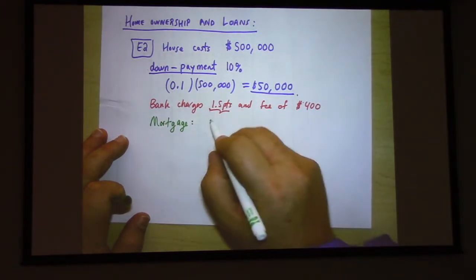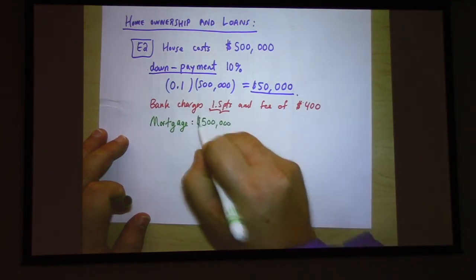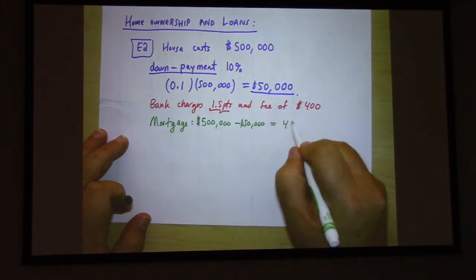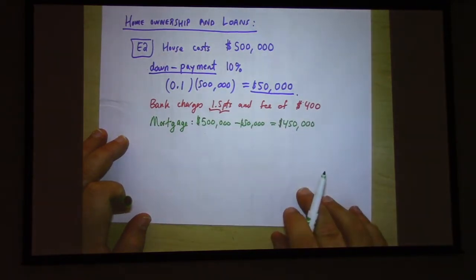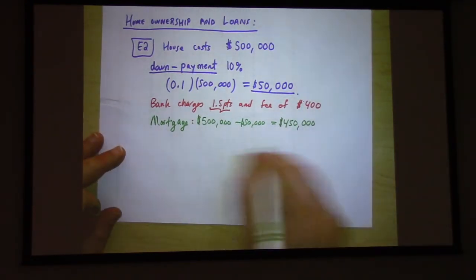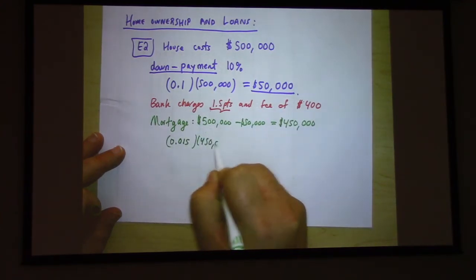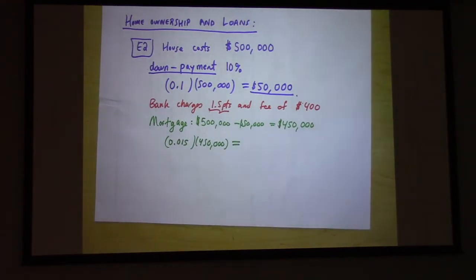Oh well, too late. Mortgage, so that's going to be $500,000, and you subtract the down payment. Like you guys just told me, that is $450,000. That's the money the bank is loaning you, the money you have to pay points on. So if we have $450,000 and the bank charges 1.5 points, we do 0.015 times 450,000. Let me find my calculator.